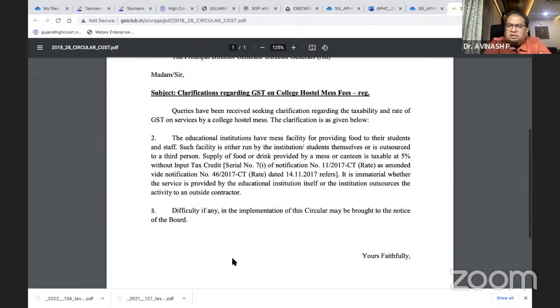It is immaterial whether the service is provided by the educational institution itself or the institution outsources the activity to an outside contractor. Therefore, the rate applicable is 5% in both cases. That is the clarification given by the board.